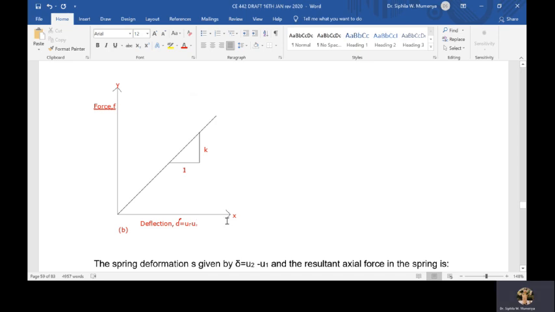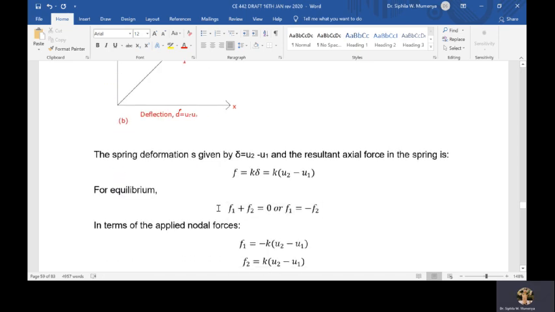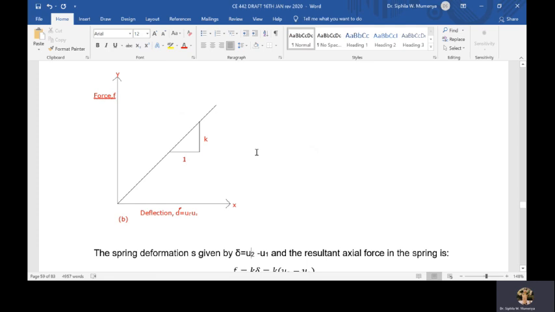And I can easily get my stiffness in that way. So the spring deformation delta is equal to the displacement at node 2 minus the displacement at node 1. So I can write delta is equal to U2 minus U1.